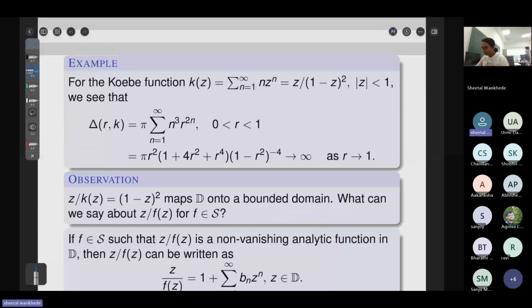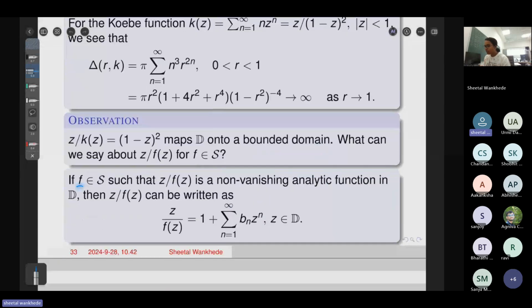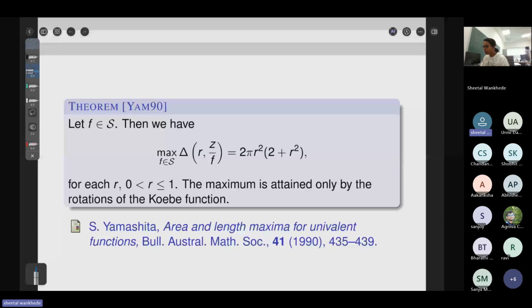So for that, we choose a function f from class S, and z by f of z is obviously a non-vanishing analytic function in D, so we can have the Taylor expansion for this function also. Using that, Yamashita proved this area theorem for this z by f function.